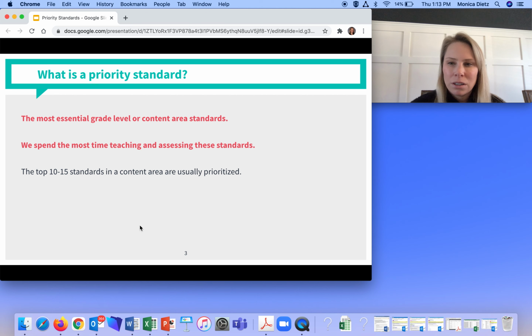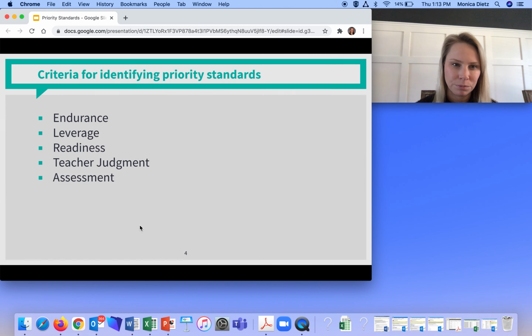And those are standards that are most essential to our students. We spend the most time teaching them and we spend the most time assessing them. For content area, we usually look at having about 10 to 15 essential or priority standards.